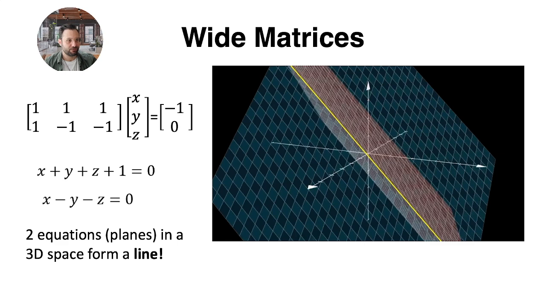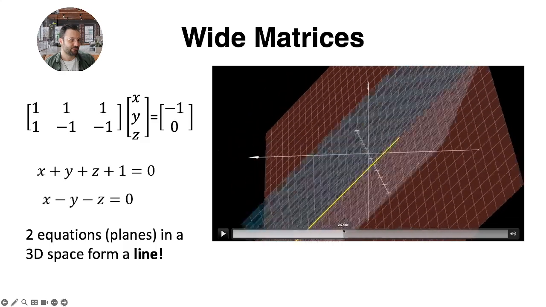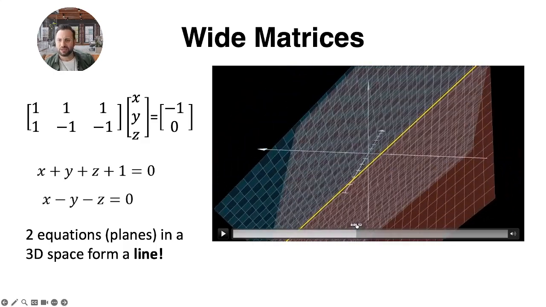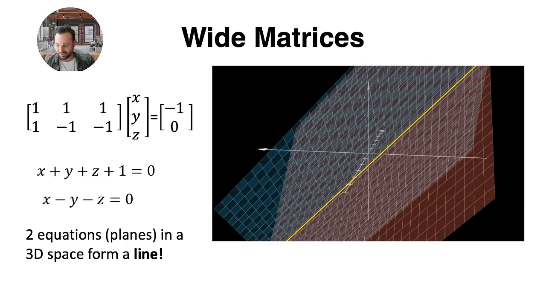But before I finish, I would like to mention three-dimensional spaces are the maximum that we can comprehend because we live in a three-dimensional space. When I play this video with rotating planes in a three-dimensional space, of course we can imagine pages, like one page in a three-dimensional world.